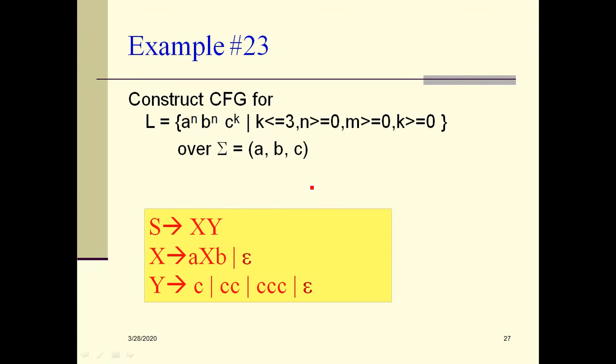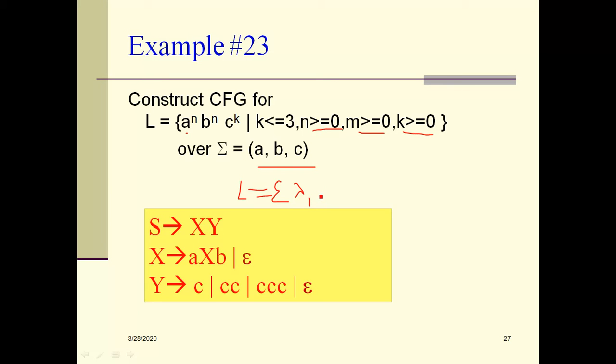So again, now consider this. In this particular case, see, understand this problem. The language says n is greater than or equal to 0, m is greater than or equal to 0, k is greater than or equal to 0 over this alphabet a, b, right? So the smallest string in this language L can be your empty string, null. Okay, so is null generated? See, S derives X Y, X can be replaced with null, Y can be replaced with null.